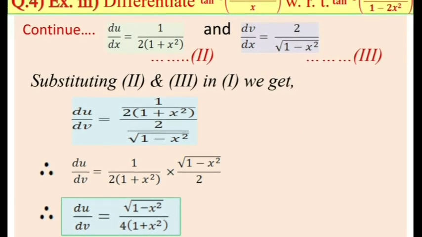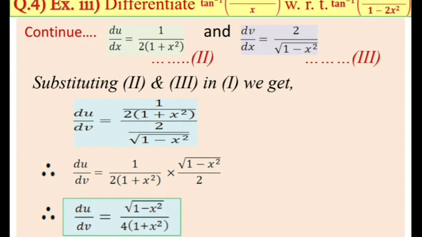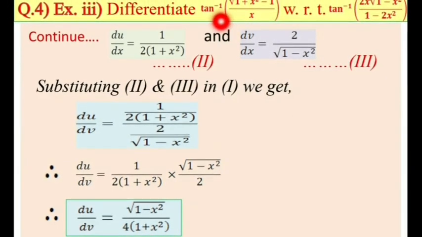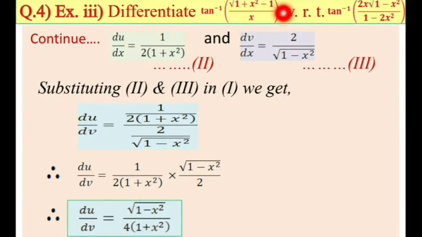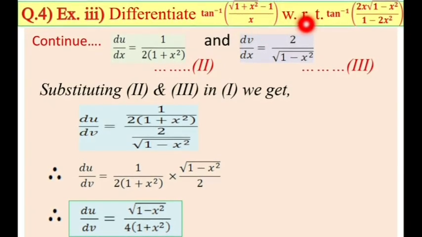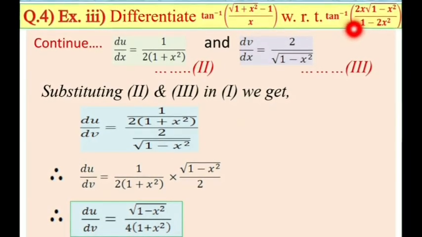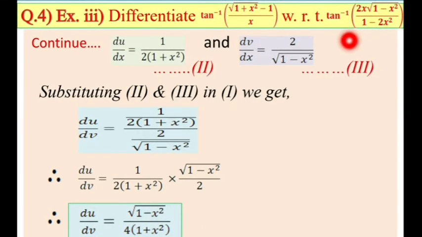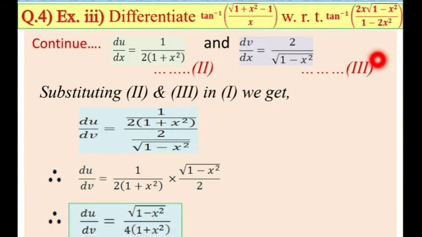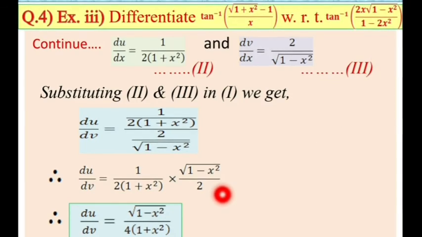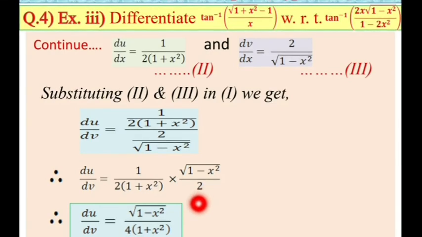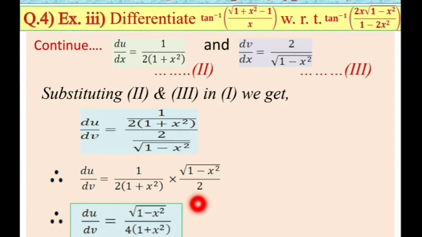That is the derivative of u with respect to v: the derivative of tan⁻¹((√(1 + x²) − 1)/x) with respect to tan⁻¹(2x√(1 − x²)/(1 − 2x²)) is √(1 − x²)/(4(1 + x²)).